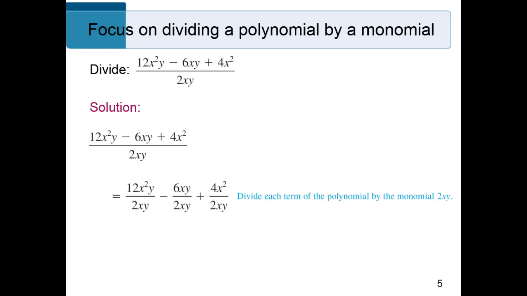And then simplify: 6x minus 3 plus 2x over y. Just like you did it. Perfect. Yes? This last one? Yeah, 2 minus 1 is 1. Good question.